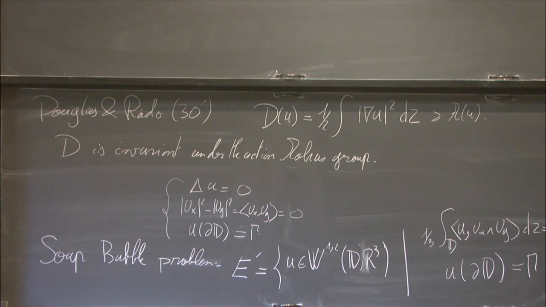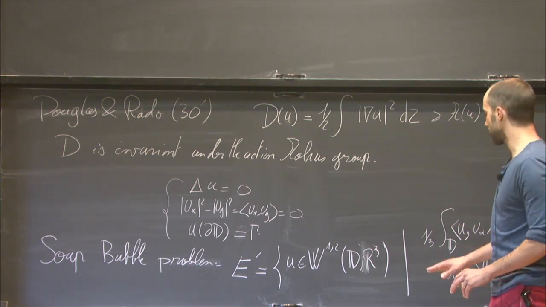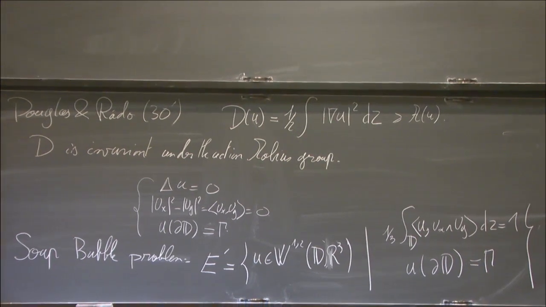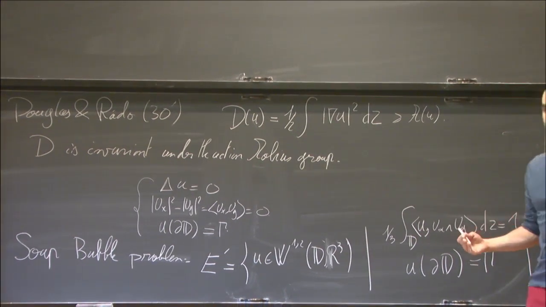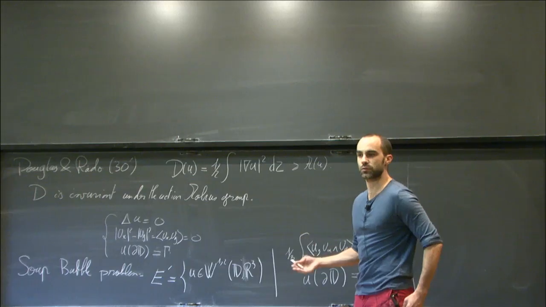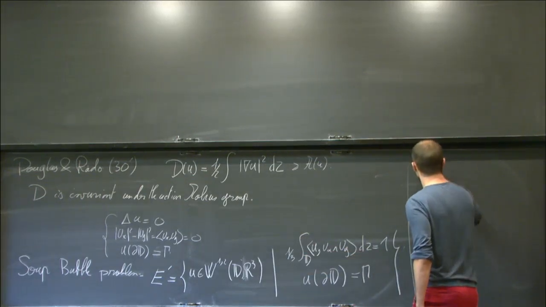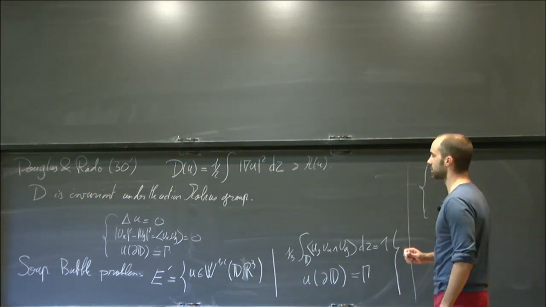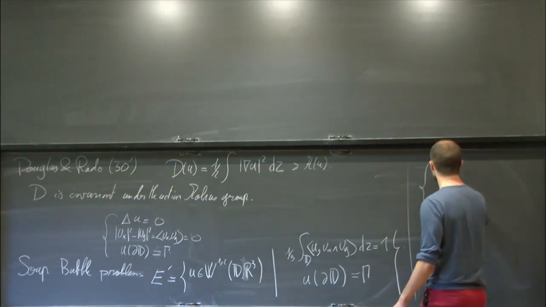If you minimize D over this space, you have a new Lagrange equation, and critical points are the well-known constant mean curvature surfaces, which are solutions of the isoperimetric problem. It's a kind of isoperimetric problem with boundary.